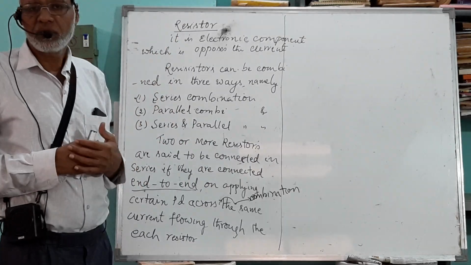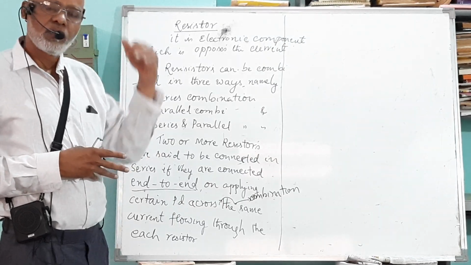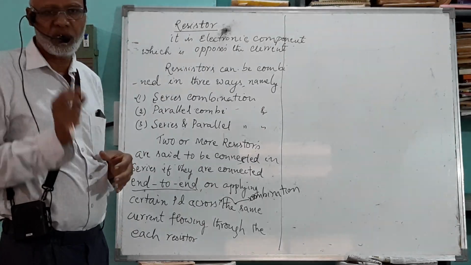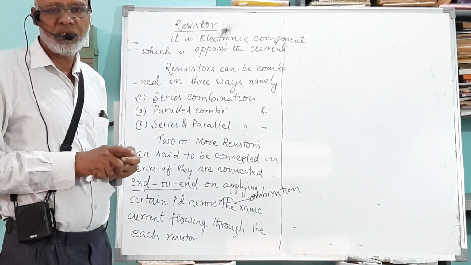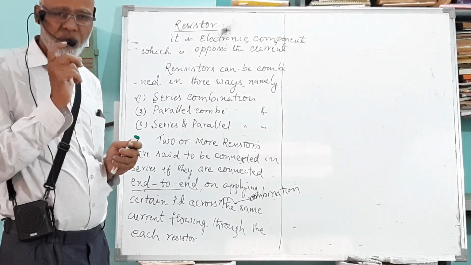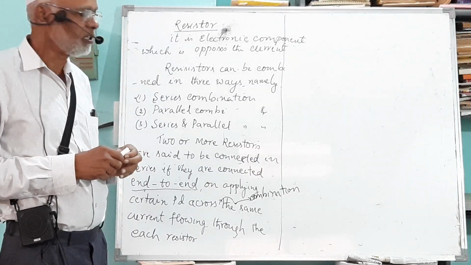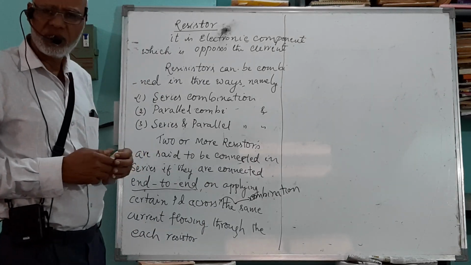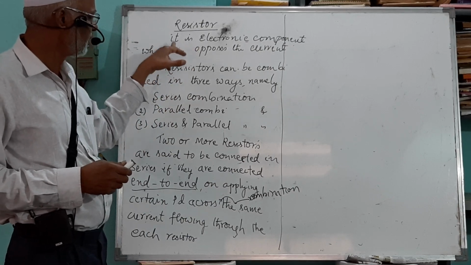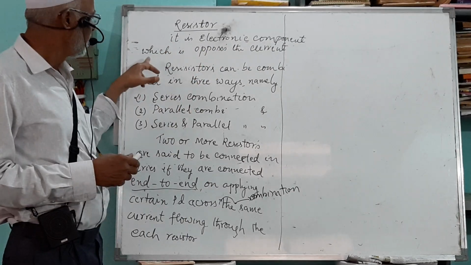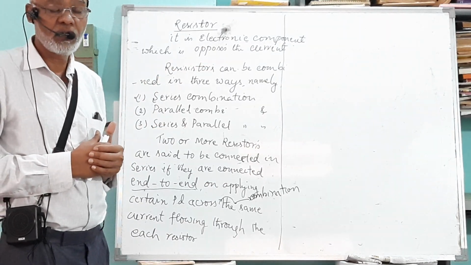Nowadays in the market we are using the carbon composition resistor, because it is tiny, it is thermally sensitive, and it is available in different shapes. Here I want to restrict my discussion to what a resistor is: an electronic component which opposes the flow of electric current.